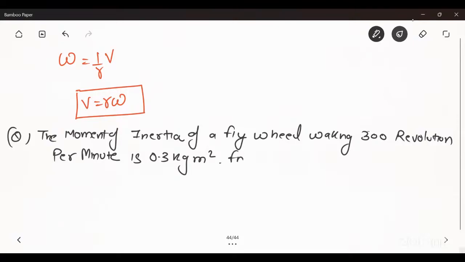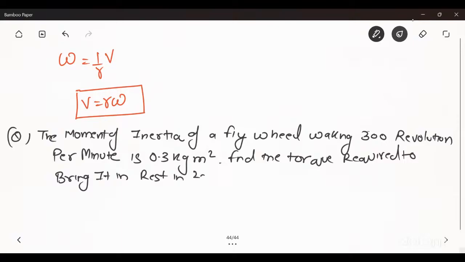Find the torque required to bring it to rest in 20 seconds.